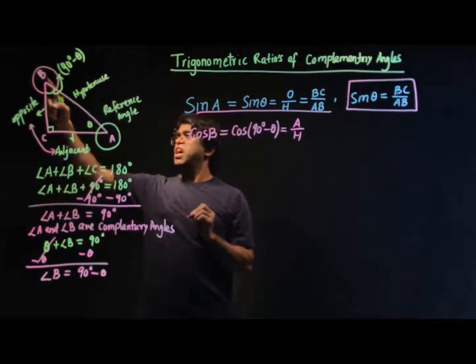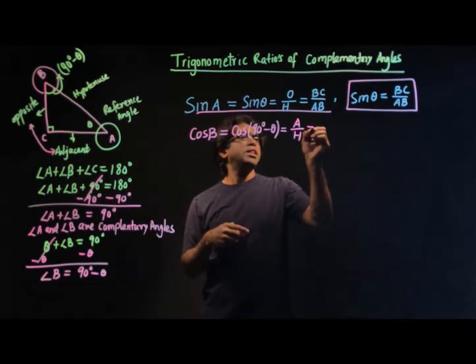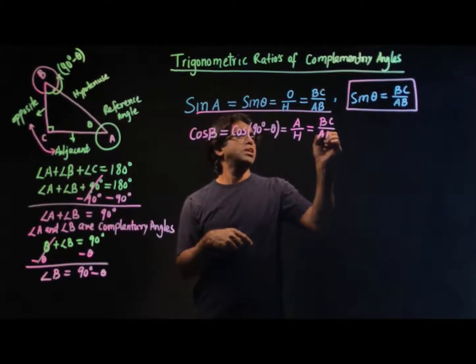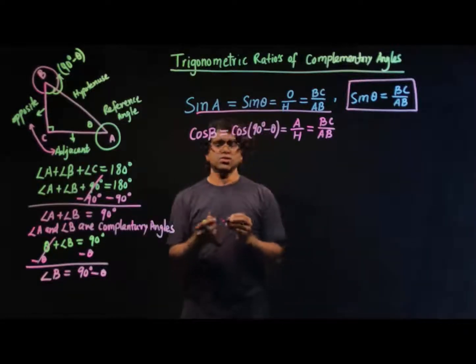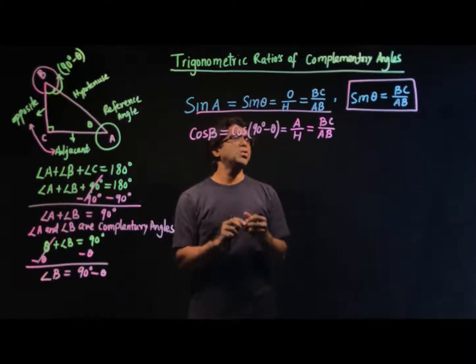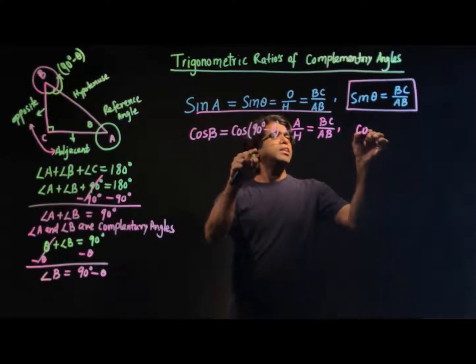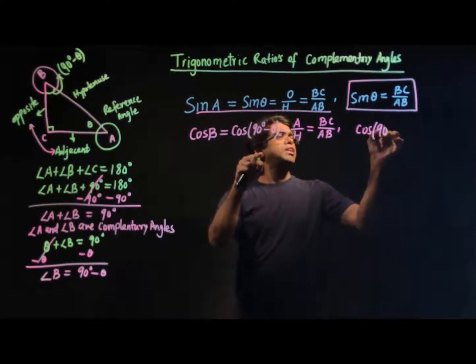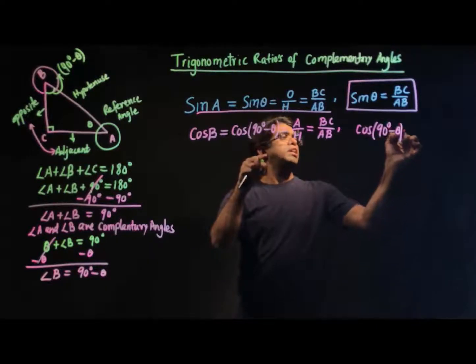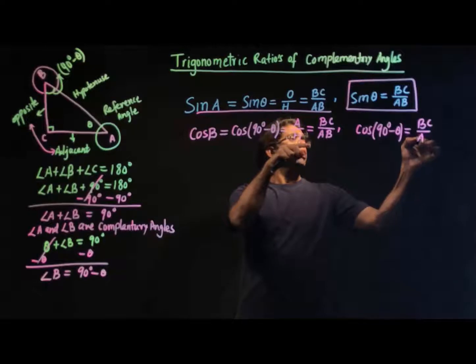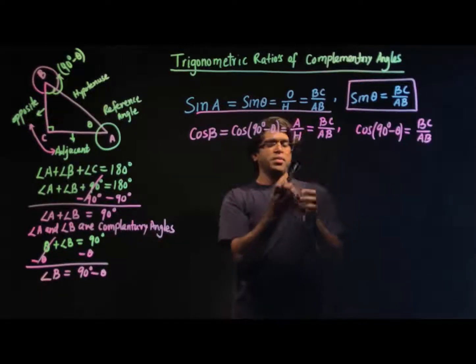My adjacent is now BC, so I will write that is equal to BC over hypotenuse, which is still the same, AB. So if you look closely, you can see right here, my cosine 90 degrees minus theta is basically BC over AB, right?